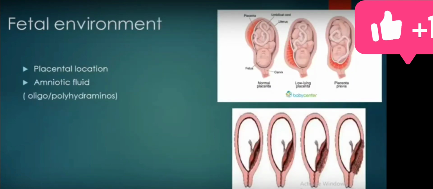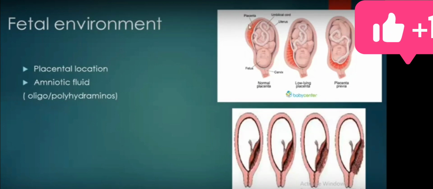Then we look at the fetal environment, whether the placenta is located in the correct place. In this image you can see the placenta in the upper portion, around the fundus, or in the anterior wall or in the posterior wall.